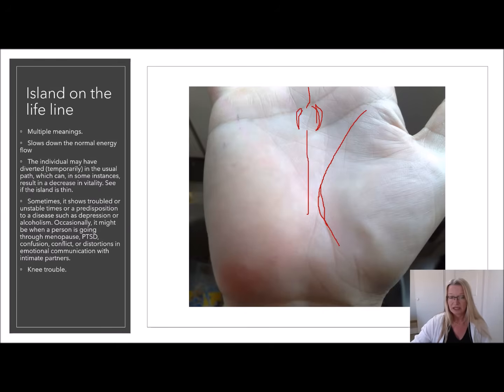For that, you would look at the heart line to see what it is doing.